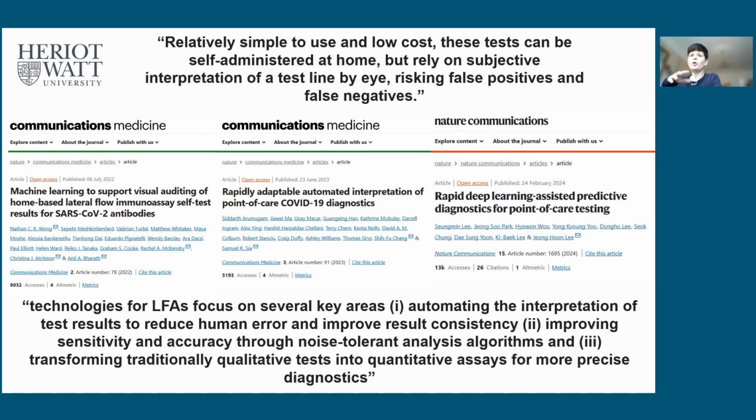New technologies would be really useful to automate the interpretation of the test, reduce human error, improve sensitivity and accuracy, and essentially transform what was a qualitative test into a quantitative test.